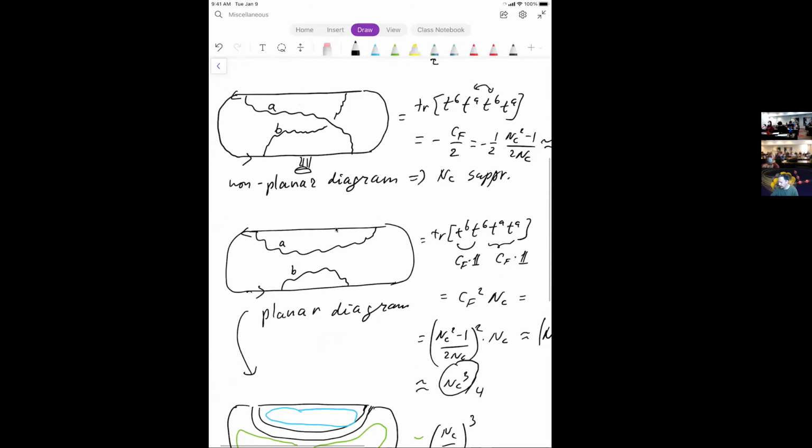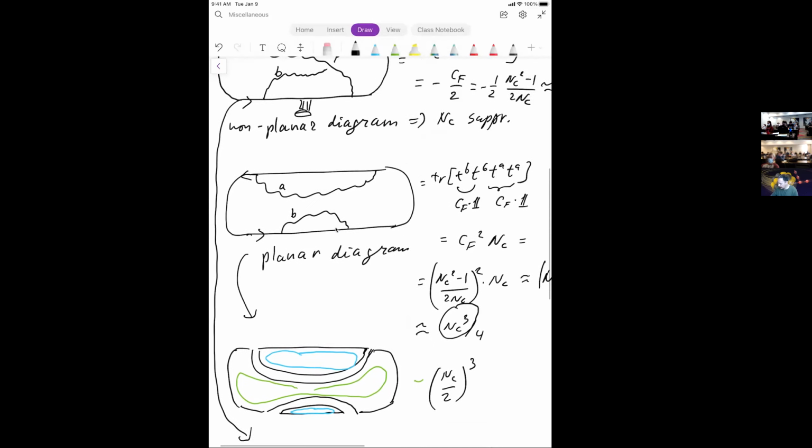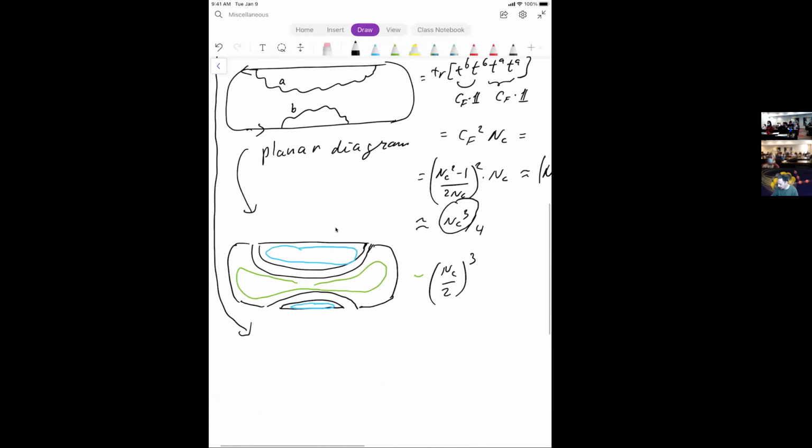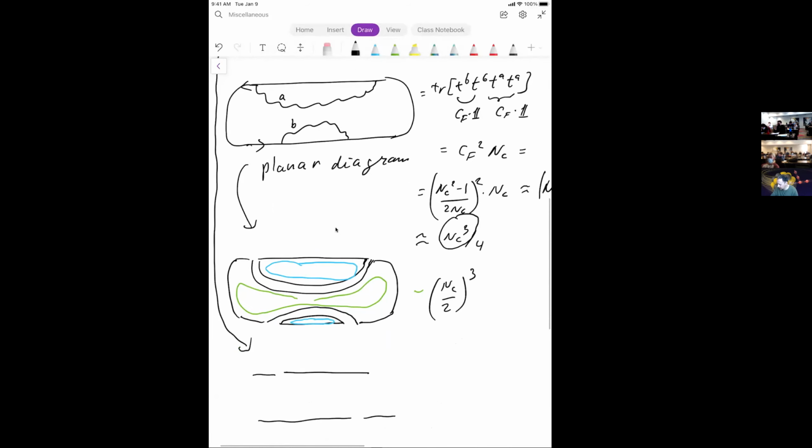Whereas this non-planar diagram, if we redraw it again with a double line, that's a little harder, right? So let's start by drawing the first gluon. No, sorry, I'm not doing it right.